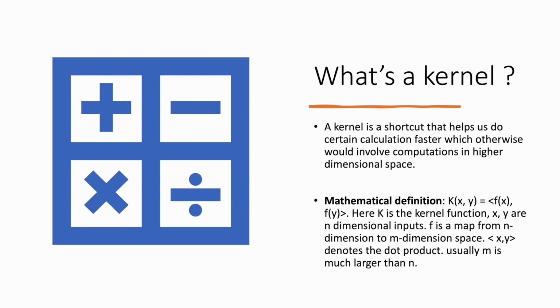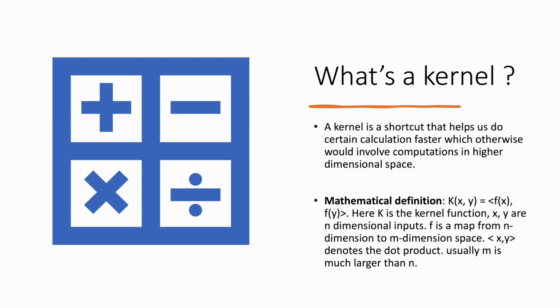That's what a kernel is. Let me repeat that. What is a kernel? The kernel is a function which will give the output, the dot product of any two vectors in the existing dimension, which is n dimension, when these vectors are mapped into higher dimension, which is m dimension. That's all a kernel is, right?